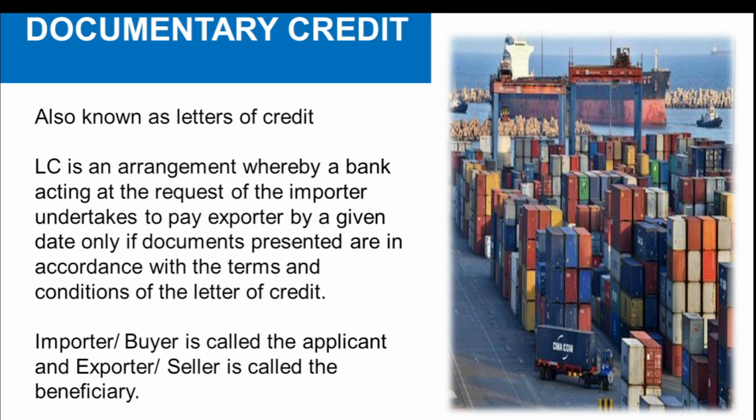This LC is presented by the buyer's bank. After that, the seller will ship the goods, and the payment will be made by the buyer on the due date. So this is how a letter of credit is involved in this process.